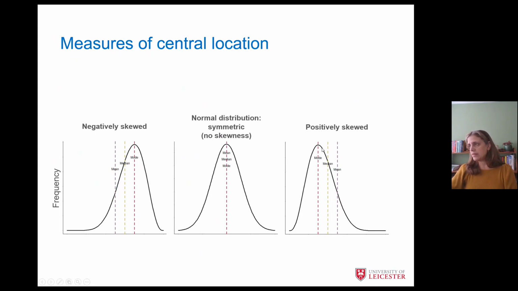And the same with positively skewed data as well. You can see again that the median looks like it's usefully in the middle of the data, whereas the mean has been pulled away from the centre of the data by this tail in the plot.